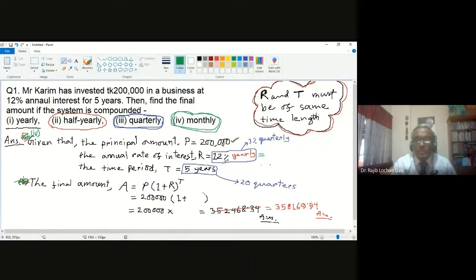So 12% divided by 12, it will be actually 1% monthly. So 1% monthly is used in the formula. So 1% means 0.01. And you go to the time. So time is given as 5 years. So how many months?